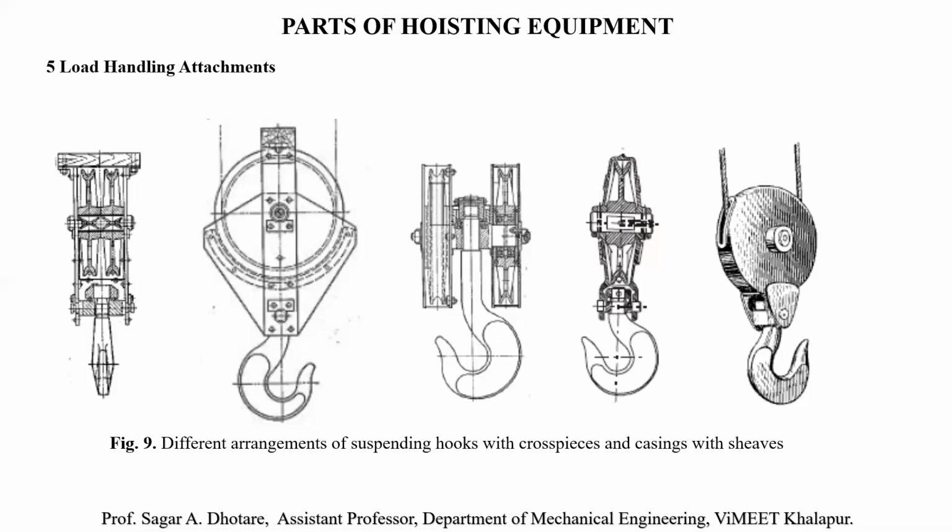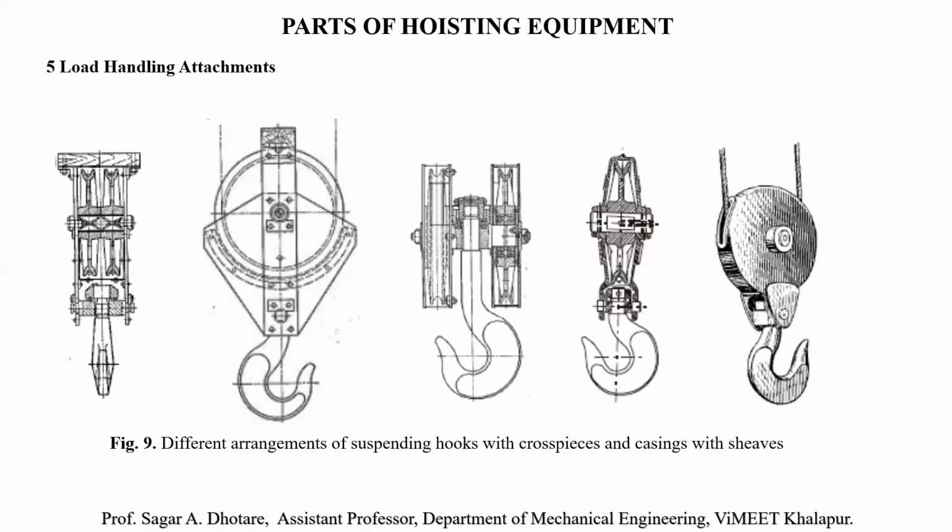So the suspended hook assembly is as shown in the figure. The cylindrical shank portion is generally fitted to the crosspiece provided with machined trunnions at the end. If the hook is fitted with a thrust bearing resting on the crosspiece at the top, the hook may be rotated freely even with the load.